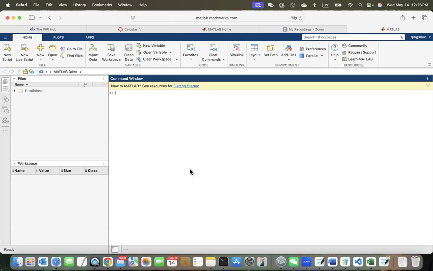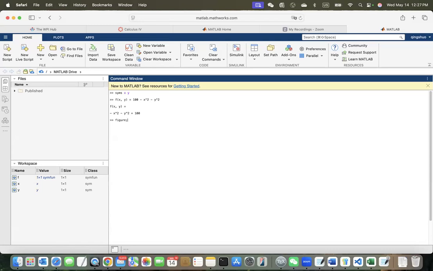So here's the code. First I need to assign two symbols for variables, x and y. And then I will write down the function I'm looking for, 100 minus x squared minus y squared. Now I'm going to look at the graph.